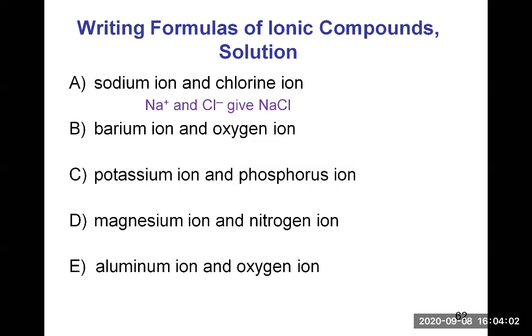So it's a non-metal, so we do 6 minus 8 is -2. So oxygen will have 2 negative charges. So barium, 2 positive charges, oxygen, 2 negative charges. It's exactly the same amount of positive and negative charges, so they will cancel out. And you need only one of each of the elements to make a neutral formula, BaO.